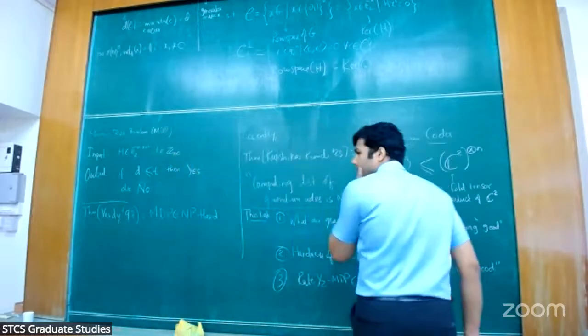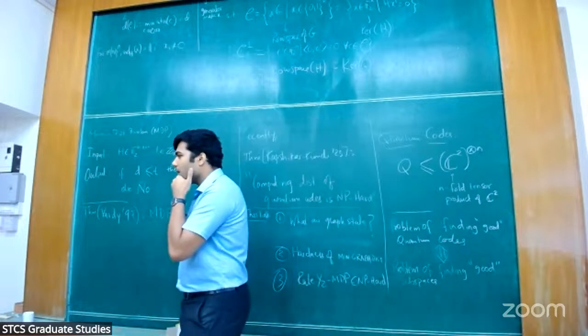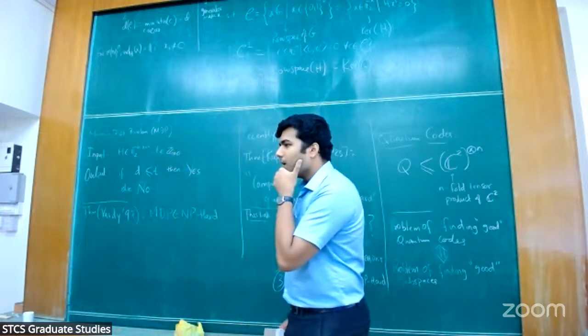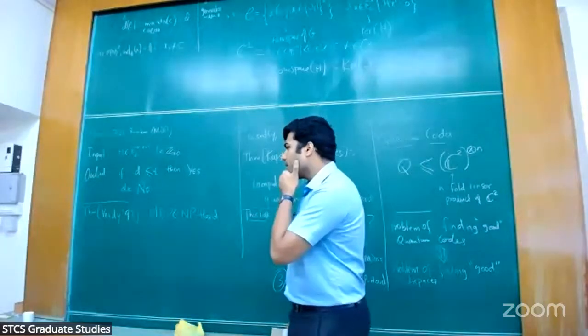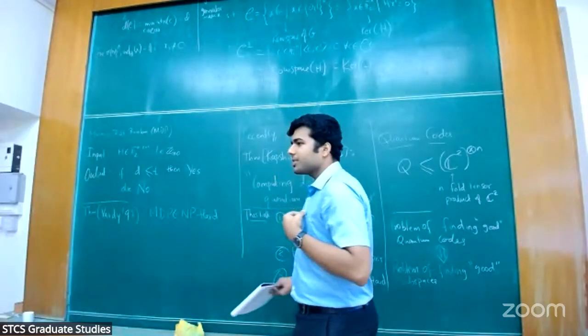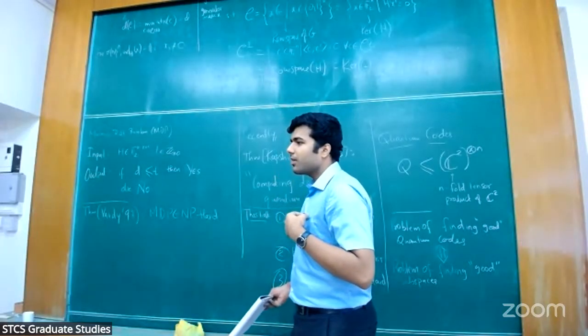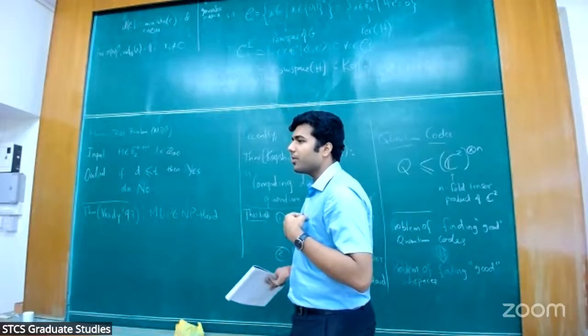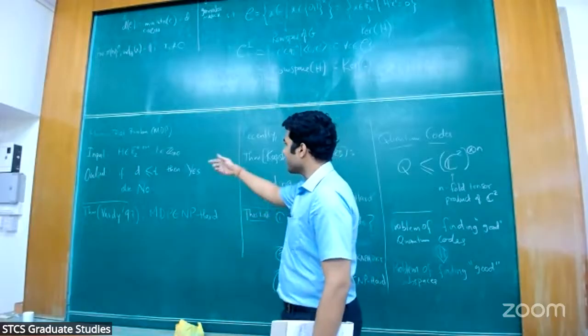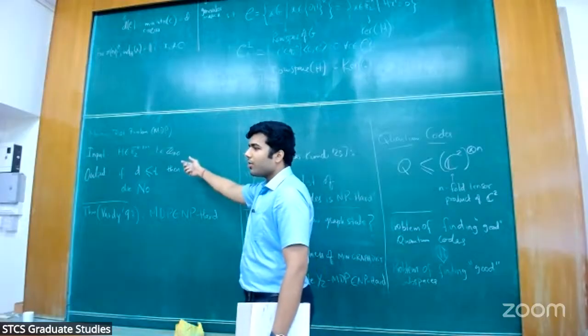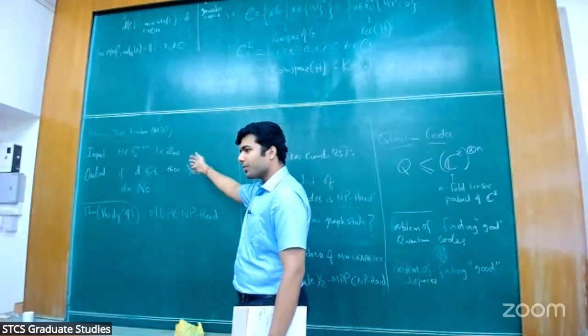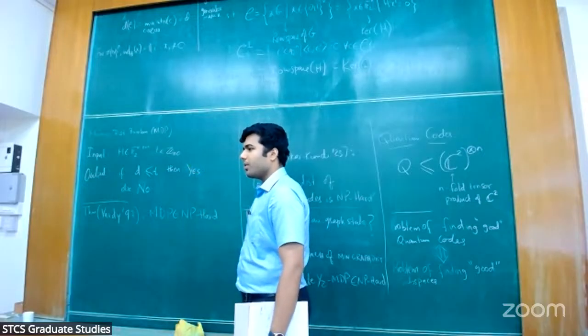And why are rate half codes interesting? Why not rate one third, rate one fourth? For any constant rate codes, can you show whether it is NP-hard or not? The reduction that they followed was for asymptotically large rate, approximately one.